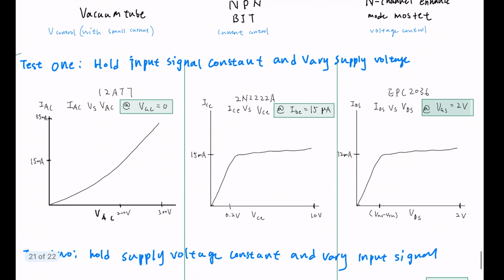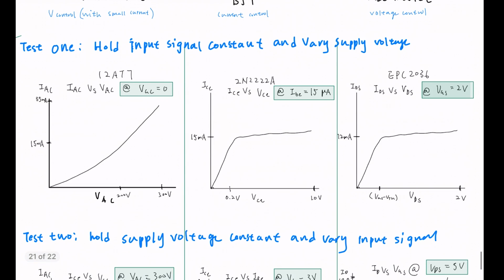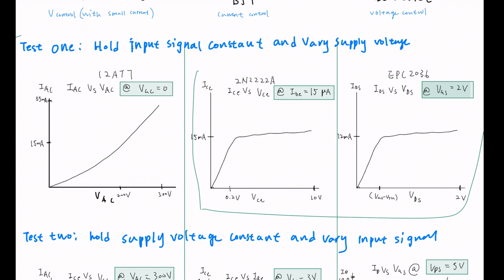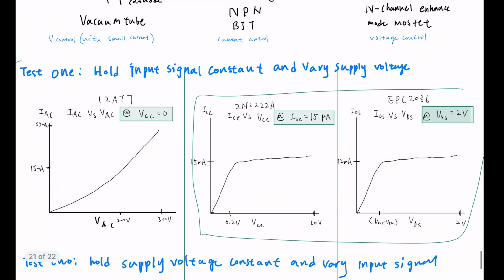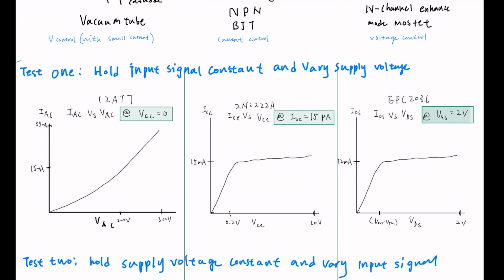And observing its characteristics, as you can see, for a BJT and MOSFET, the characteristic of current versus the input signal reaches a constant value at a threshold point.